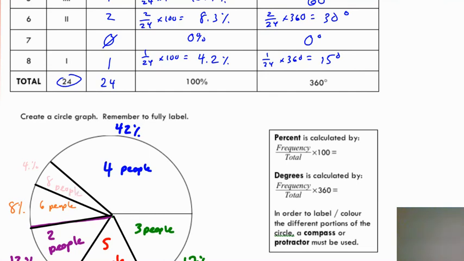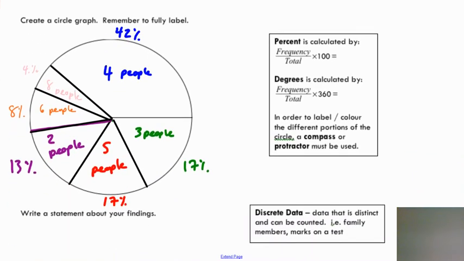And the family of 7 doesn't register, so we don't have that. Okay, so there you go. Now, you could shade these in with different colors, and so on and so forth.